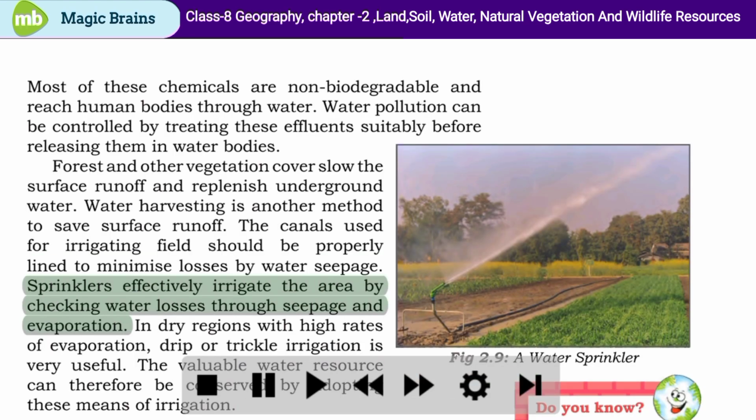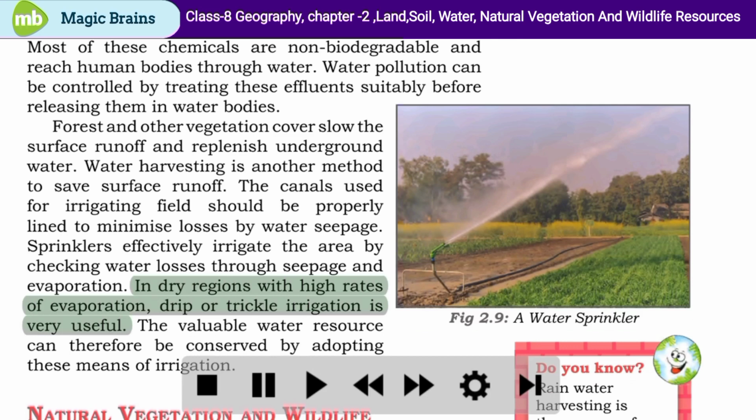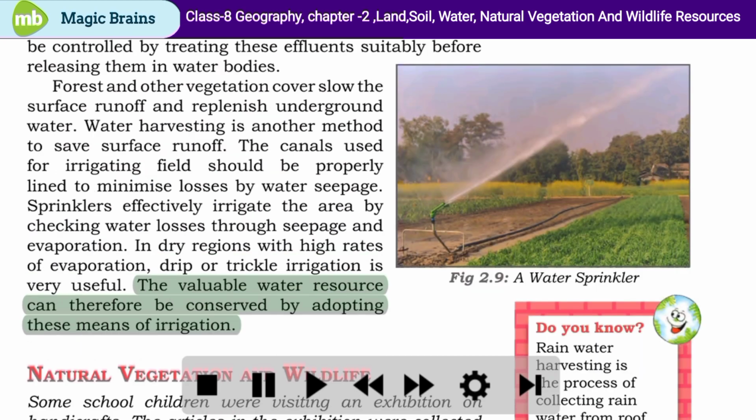Sprinklers effectively irrigate the area by checking water losses through seepage and evaporation. In dry regions with high rates of evaporation, drip or trickle irrigation is very useful. The valuable water resource can therefore be conserved by adopting these means of irrigation.